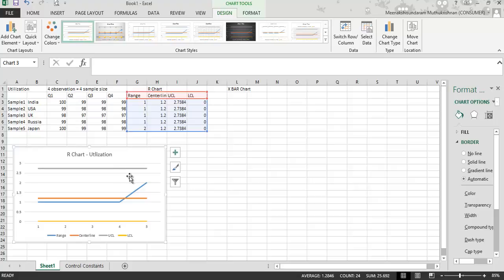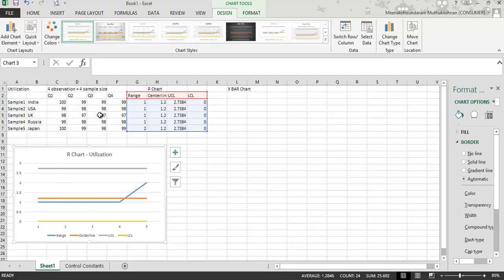It doesn't mean that Japan is doing badly, because utilization is so good, still under control. Consistency is fluctuating here somewhere, but for the other countries the consistency is so good.